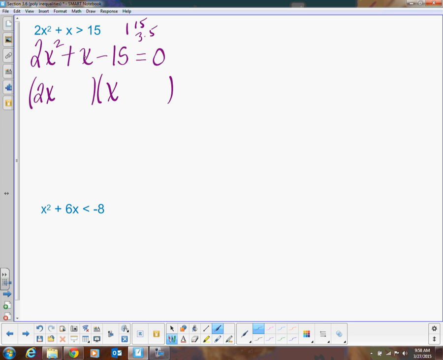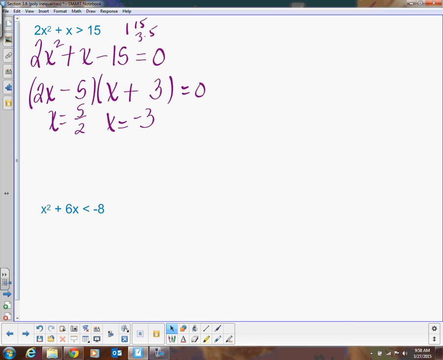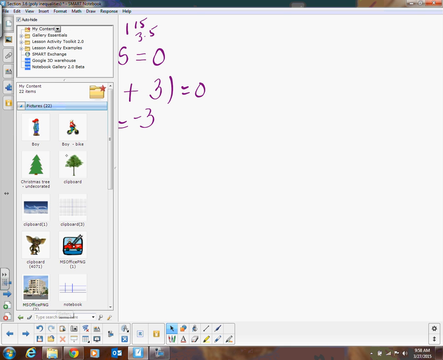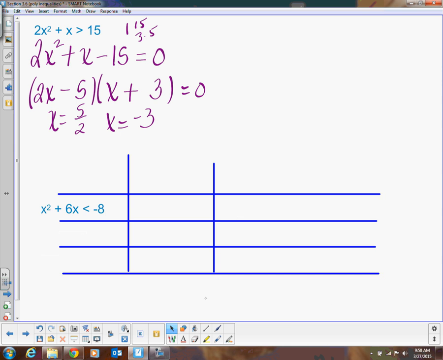I need a 1 in the middle, so how about we do 5 and 3? Will that give me 6, take away 5, to give me a 1? So we've got x is equal to 5 halves, and x equals negative 3. So is this old stuff? Yeah. So now we're going to do a table.